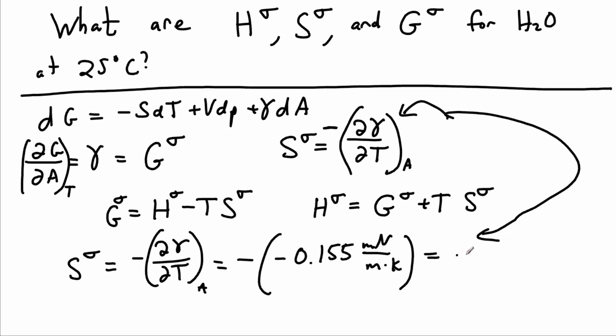So we can say this is going to be a positive 0.155 millinewtons per meter per Kelvin. And that is our surface entropy. We can use that to calculate our surface enthalpy.